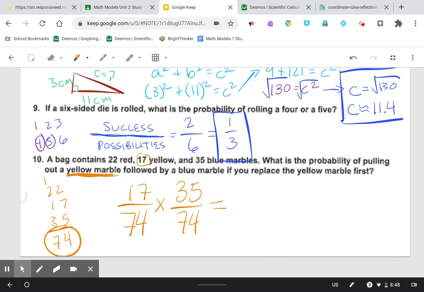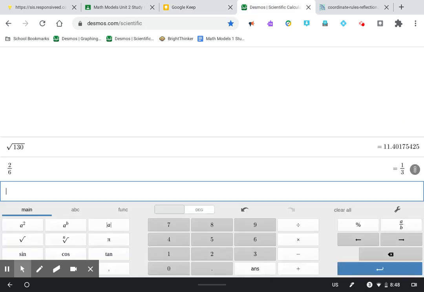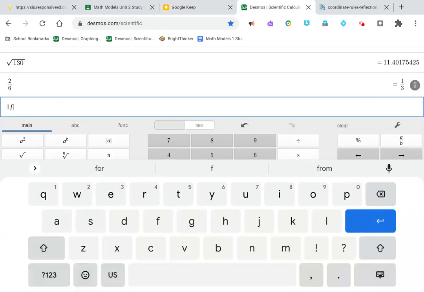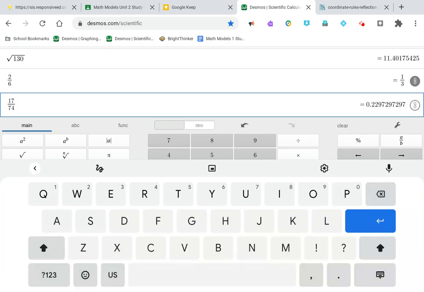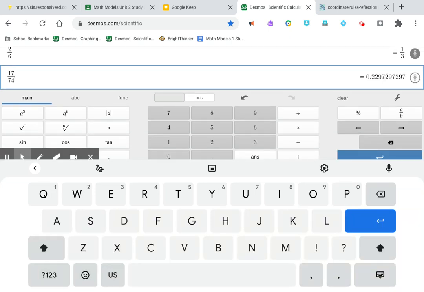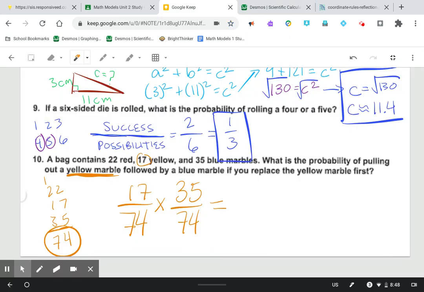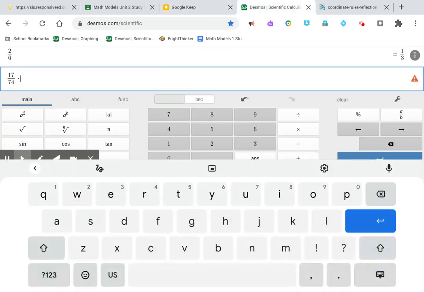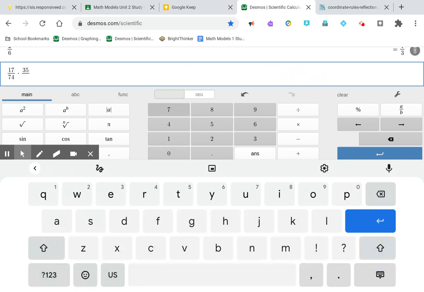So you can just type this into the calculator if you'd like and get the fractional answer that way. So 17 divided by 74 times 35 divided by 74.